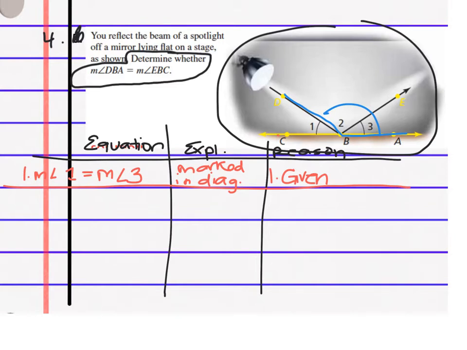I would say we know that the measure of angle DBA is equal to angle 3 plus angle 2. Okay, we're just adding adjacent angles.